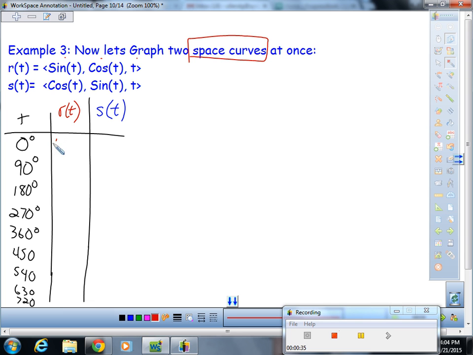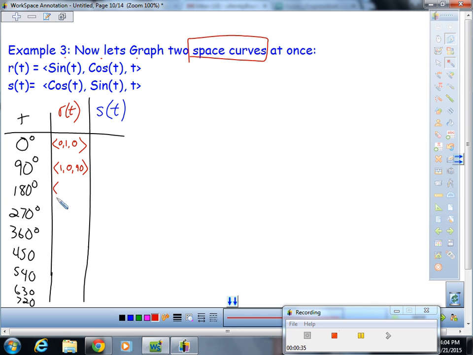Okay, so here r of t, sine comes first, so it's 0, 1, 0, and then 1, 0, 90. All right, let's get this right so we can get the pattern right.